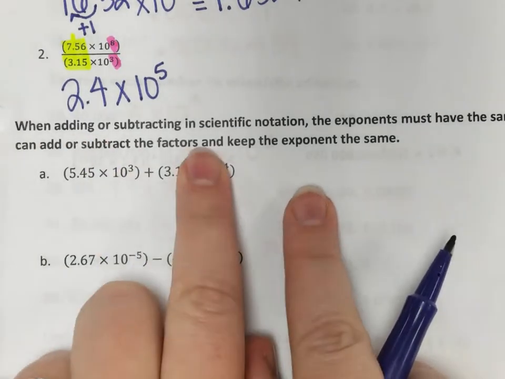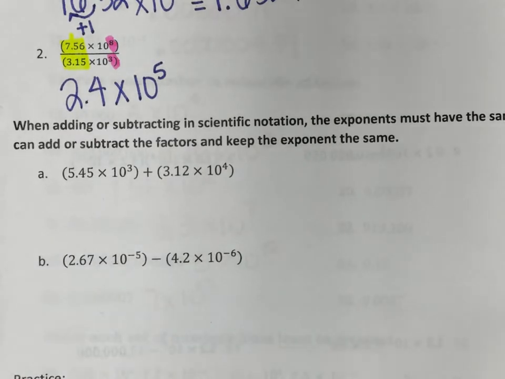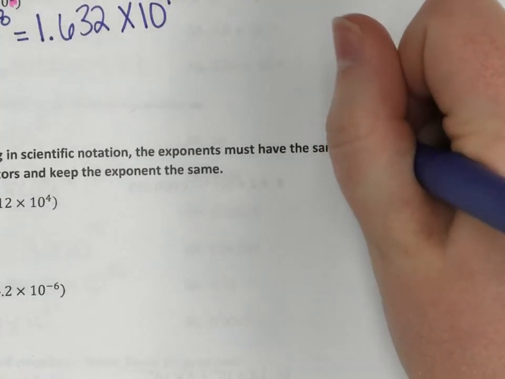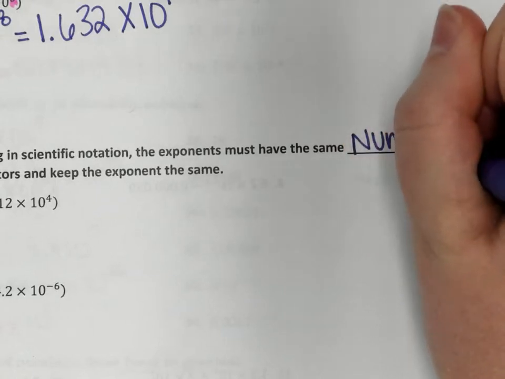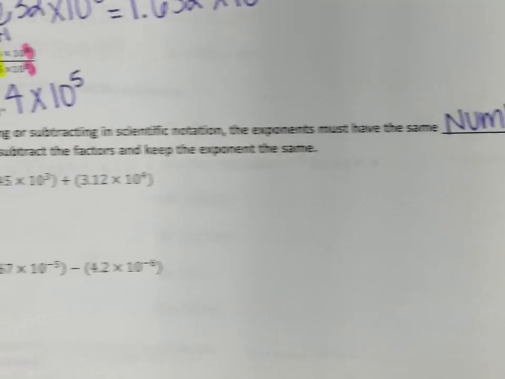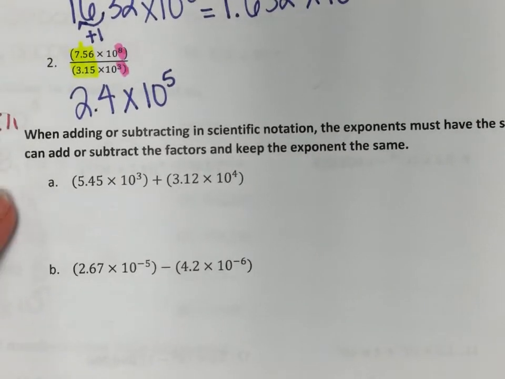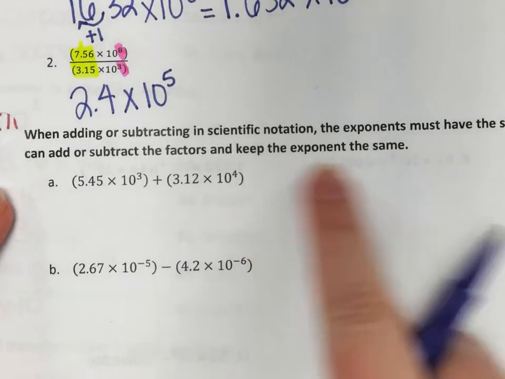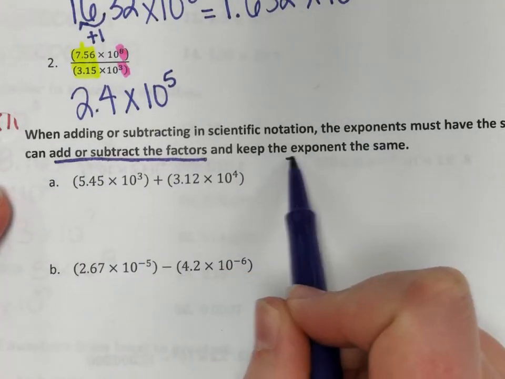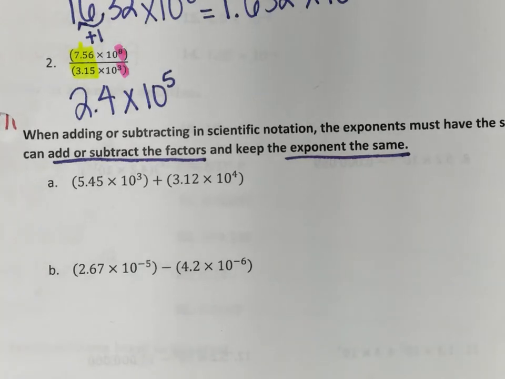So when adding or subtracting in scientific notation, the exponents must have the same number. They must have the same value. Then you can add or subtract the factors, so those numbers out front, and our exponents will stay the same.